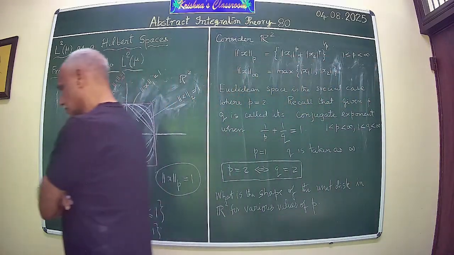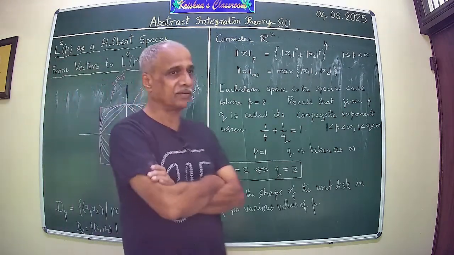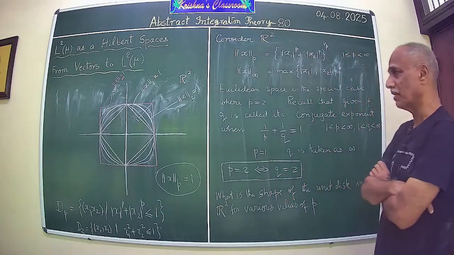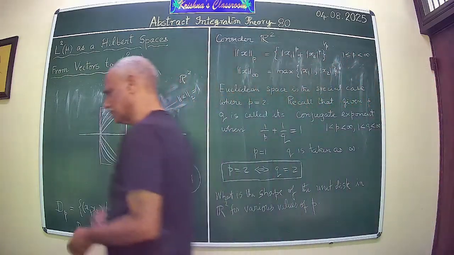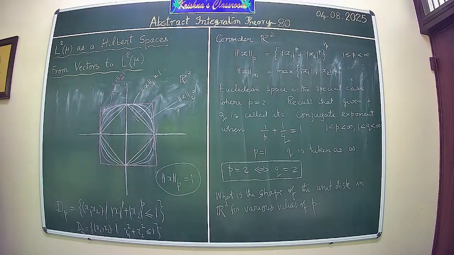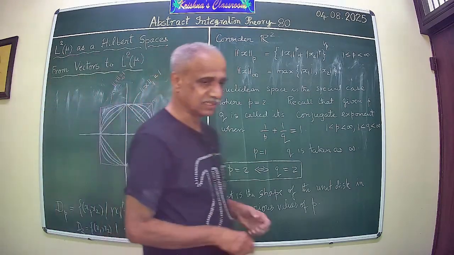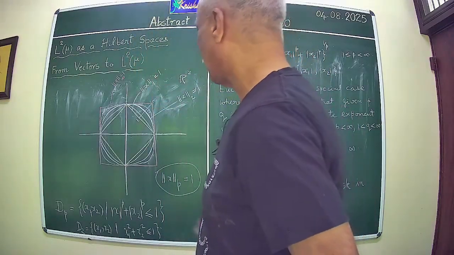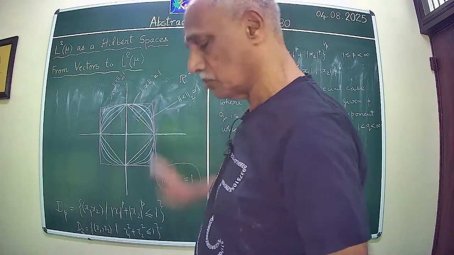But when p is not equal to 2, the shape of the ball is different. Not the spherical one that you have, but a slightly different type. So that's something about the structure, and it has its own consequences. Let us leave it there. So there is some interest for the case p equal to 2.